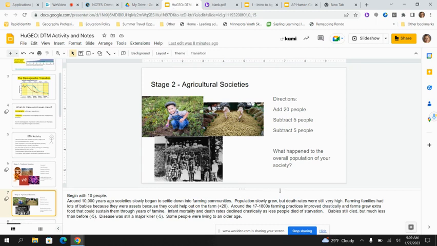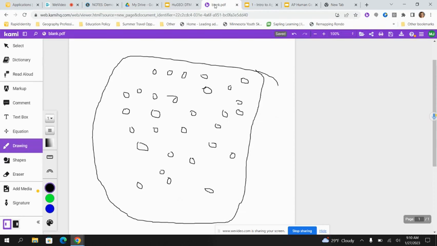And around the 1700 to 1800s, farming practices are going to improve drastically, and farms are going to grow enough food that they can sustain people throughout the famine. So infant mortality and death rates decline drastically when we have people that are fed. So babies still do die.